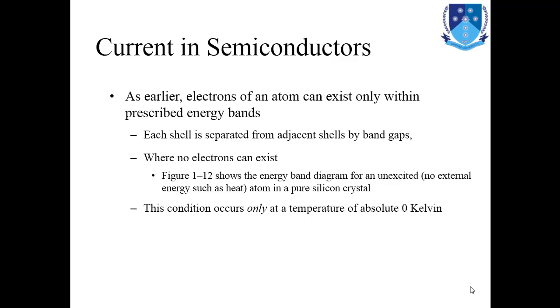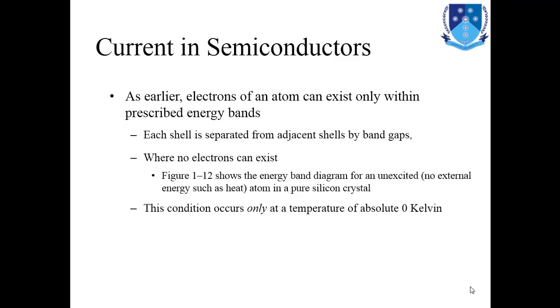Starting with current in semiconductors. As we know, electrons of an atom can exist only within prescribed energy bands, means that electrons of an atom exist in various energy bands which are already prescribed, like in the first shell or first energy band, in the second shell or second energy band, in the third shell or third energy band, and so on.